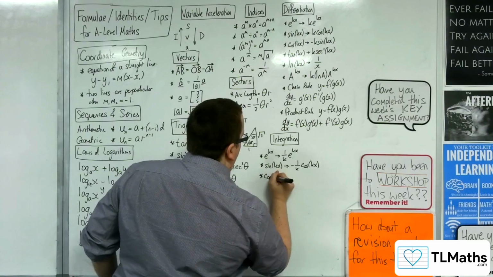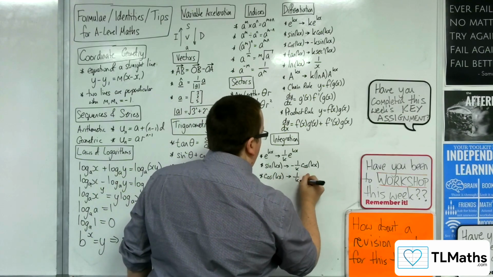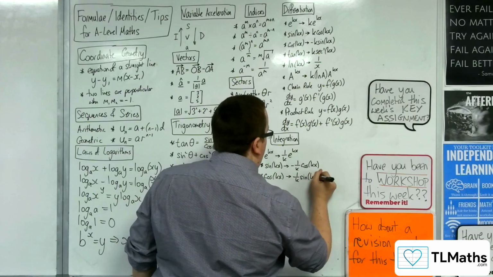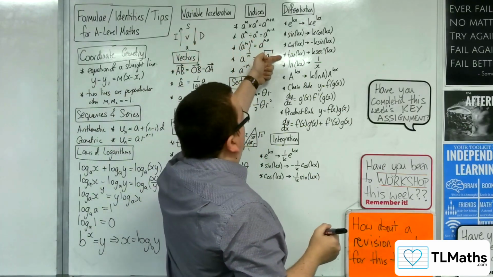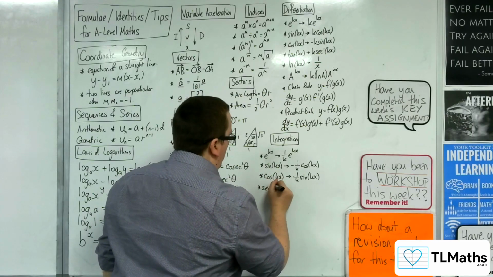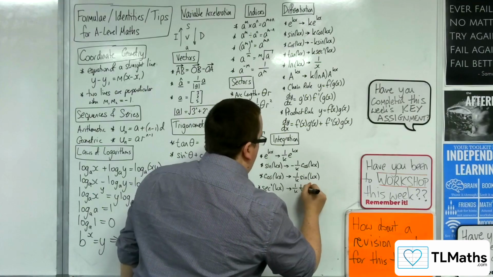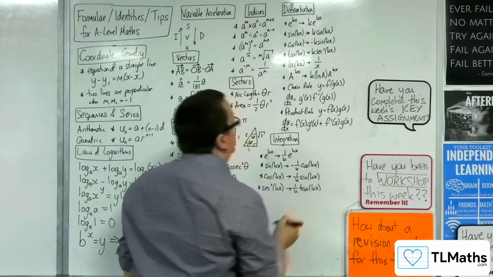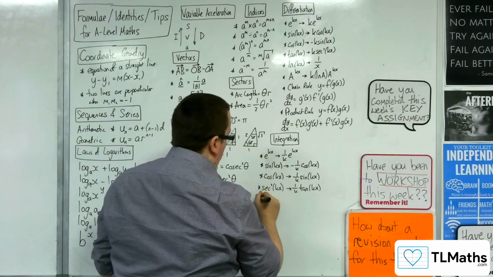You've got cosine of kx integrating to 1 over k sine of kx. Now, up here we had tan of kx, so that means that sec squared of kx integrates to 1 over k tan of kx.